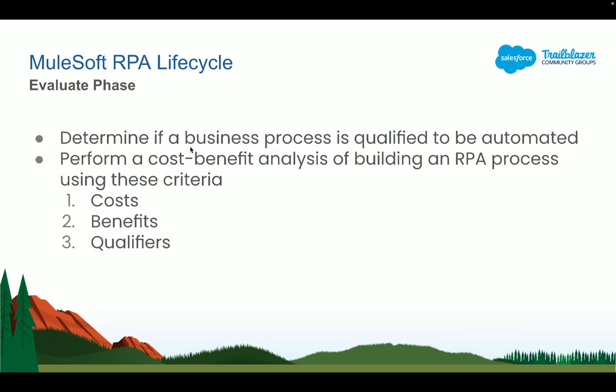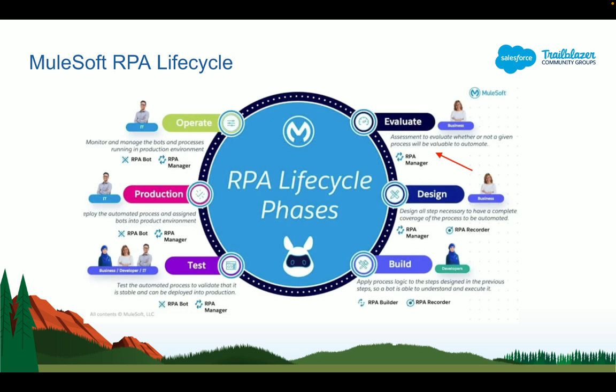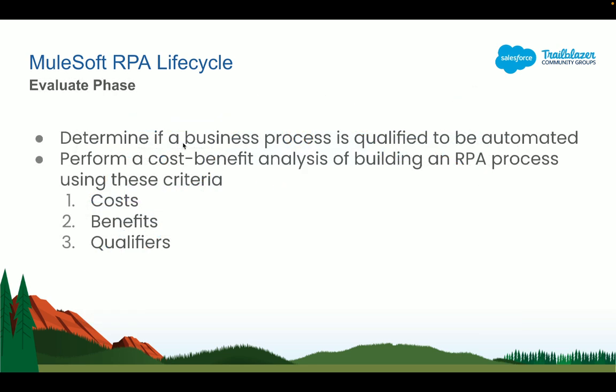Now we'll be going deep into your MuleSoft RPA lifecycle, and the very first thing we'll be learning is the evaluate phase. In this phase, we'll understand whether it is suitable to use MuleSoft RPA to automate the business process or not, right? So we determine if a business process is qualified to be automated, and perform a cost benefit analysis of building an RPA process using cost benefit qualifiers.